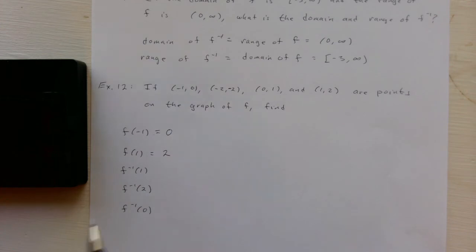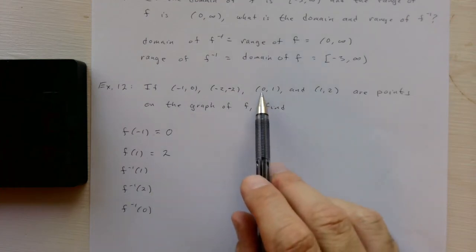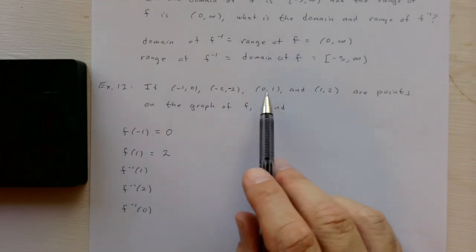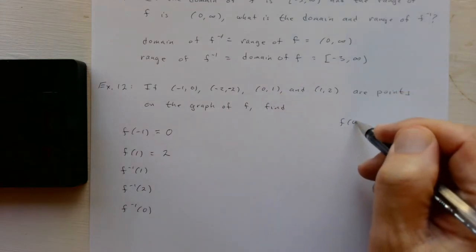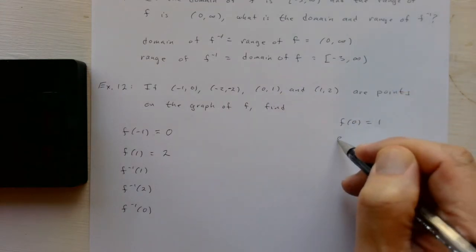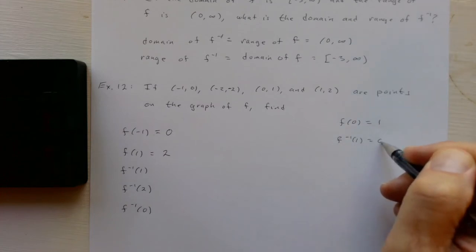Now, f inverse of 1, what's that? Well, we want to find a point here where the y-coordinate is 1. And we can see that from here, because this tells us that f of 0 is 1, so f inverse of 1 is 0.